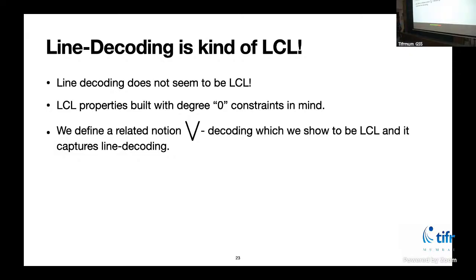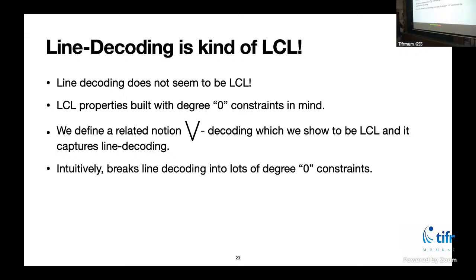What is this notion? I won't tell you, but I can intuitively say that it breaks line decoding into lots of zero-degree constraints. Instead of one one-degree constraint, it will break it into lots of zero-degree constraints. So instead of three points on a line, say you have one line from two points, and another line from two points. They will agree on their evaluation at the zero point.